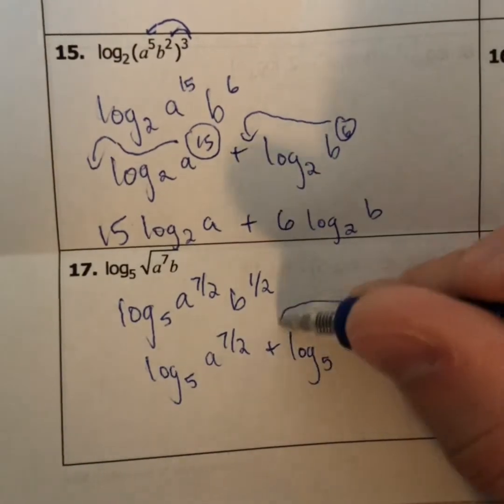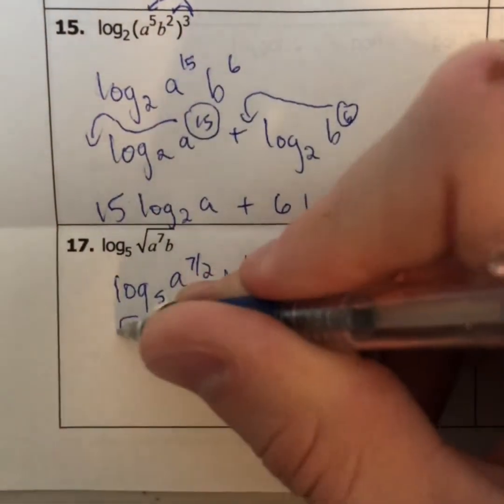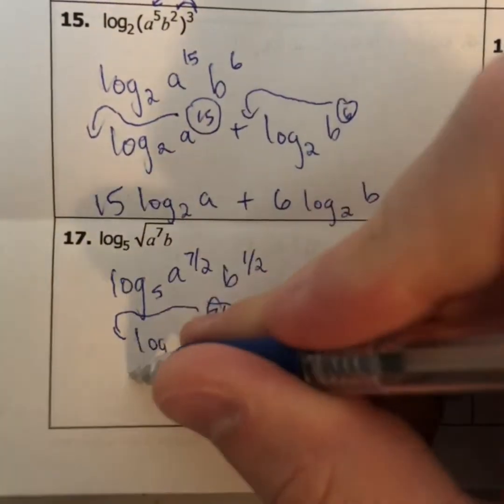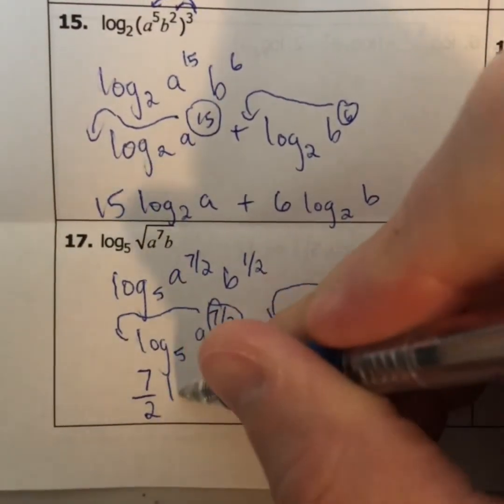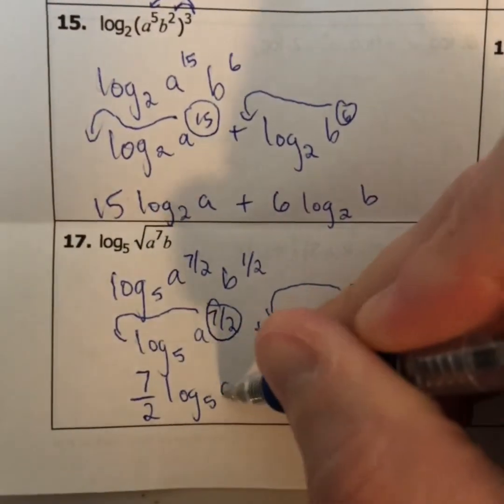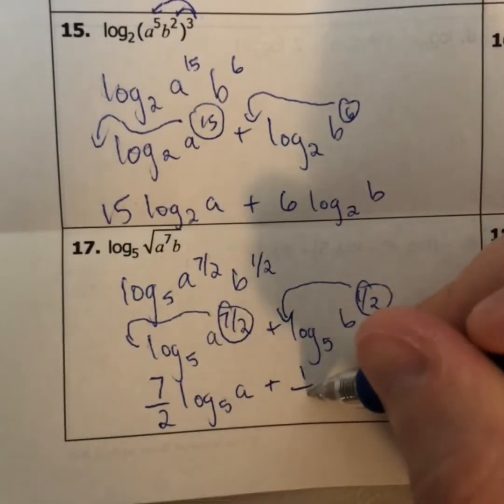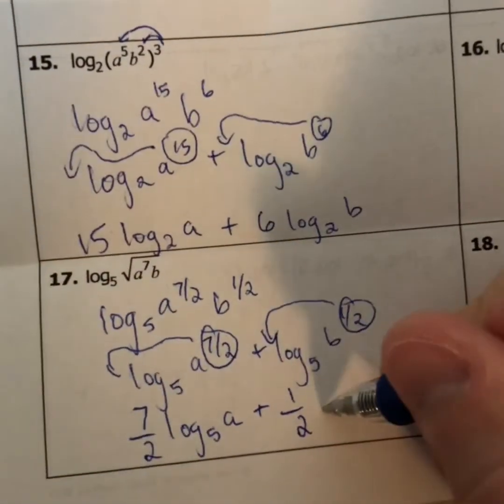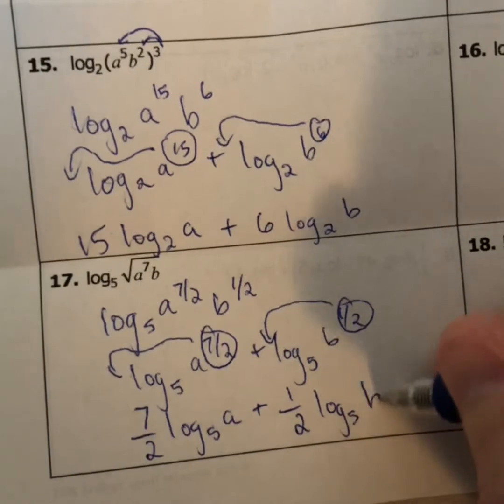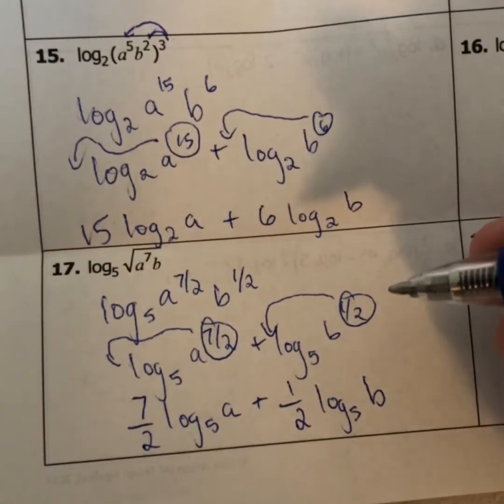Bump these exponents out front. So we get 7/2 log base 5 of a plus 1/2 log base 5 of b. And that's it.